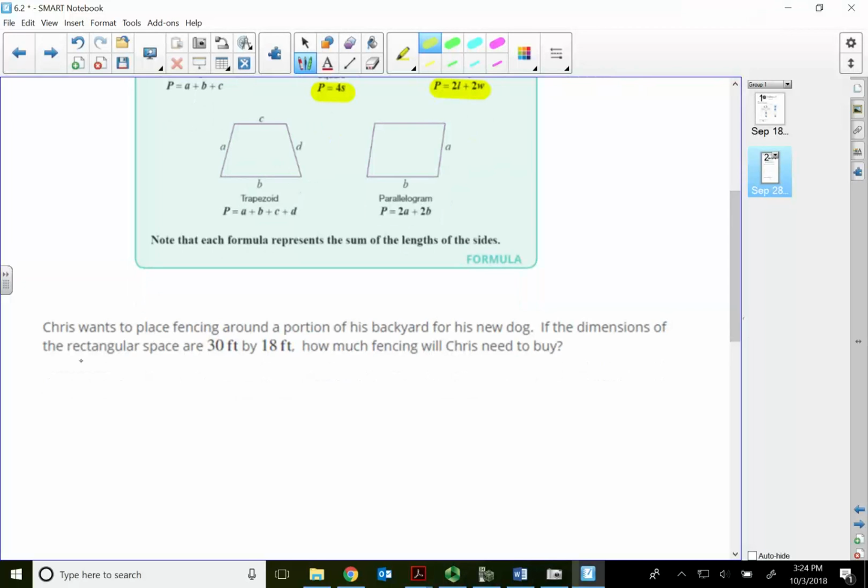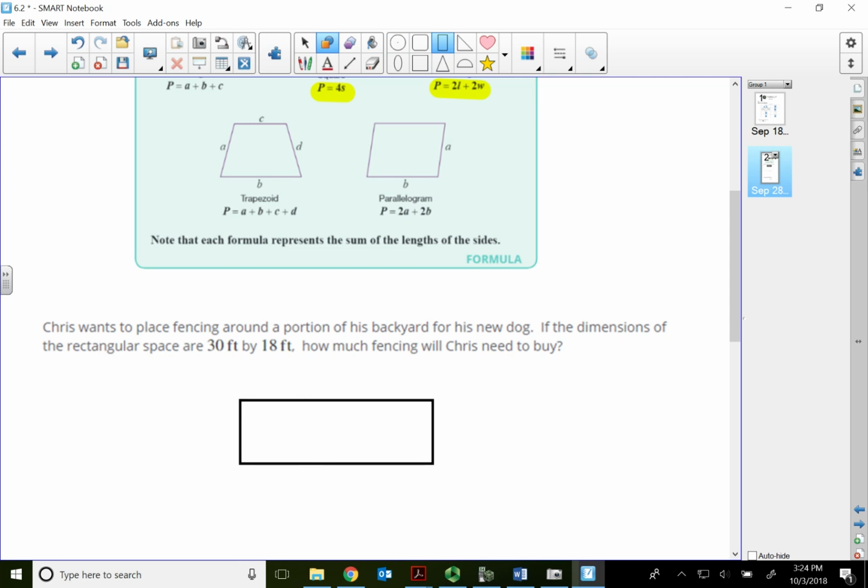Chris wants to place fencing around a portion of his backyard for his new dog. If the dimensions of the rectangular space are 30 feet by 18 feet, just reading the dimensions, we know our shape is a rectangle. Fencing around the backyard, when we put something around, that's referring to perimeter. So my dimensions are 30 feet long by 18 feet wide. How much fencing would be needed?